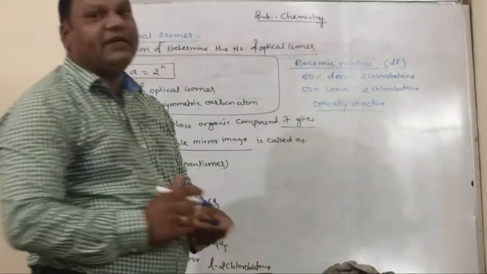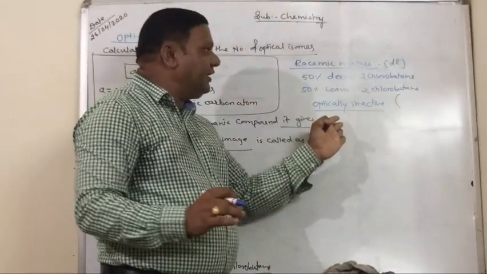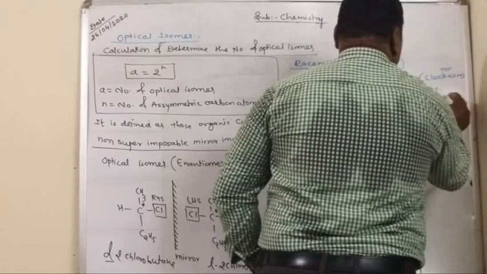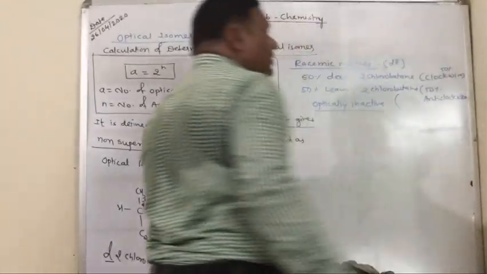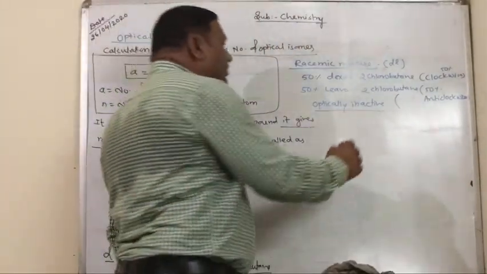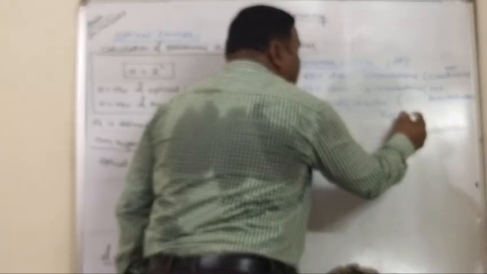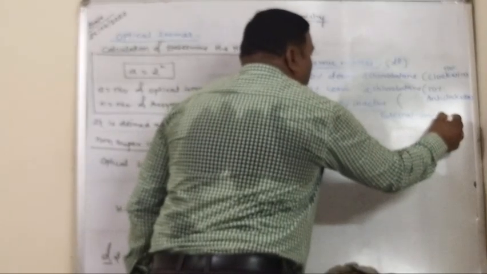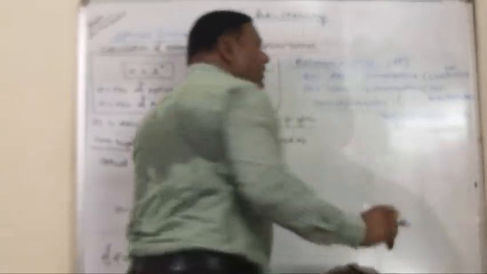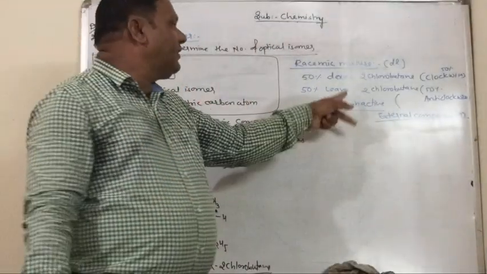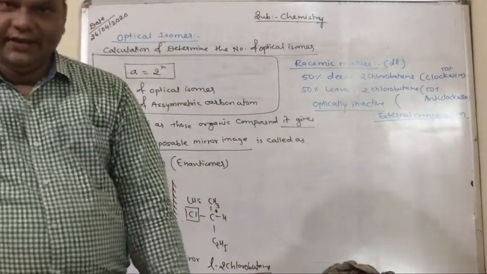Because 50% of the rays are rotated clockwise and 50% anti-clockwise, hence they are cancelled with each other, and this phenomenon is called external compensation. So when they cancel each other, the mixture is optically inactive.